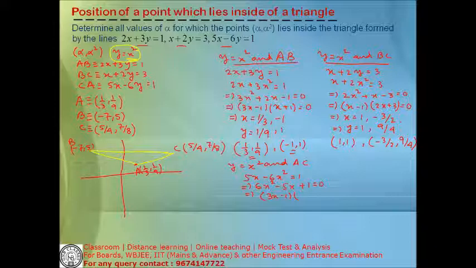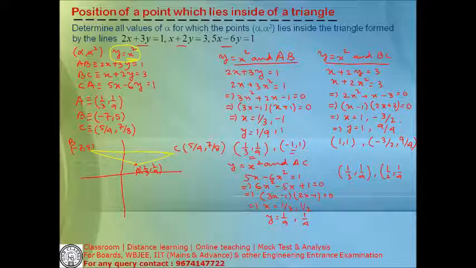So that gives you 0, which implies x is 1/3 or it's half. When x is 1/3, then y is 1 by 9 and this is 1 by 4. So the point where the curve y equals x square is intersecting the straight line AC is at 1 by 3, 1 by 9 and half comma 1 by 4, right?